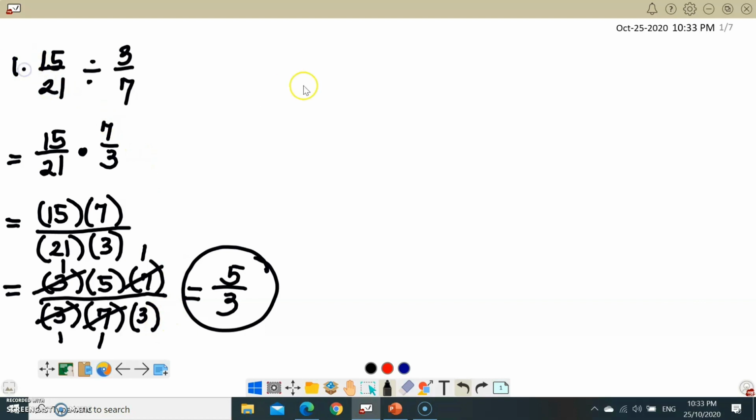So let's try another. Let's have here number 2. 2/3 divided by 1/3. Again, I'll repeat. We need to find first the reciprocal, then division changes to multiplication. So we now have 2/3 multiplied by the reciprocal of 1/3. It's 3 over 1. Then we multiply numerators and we multiply denominators.